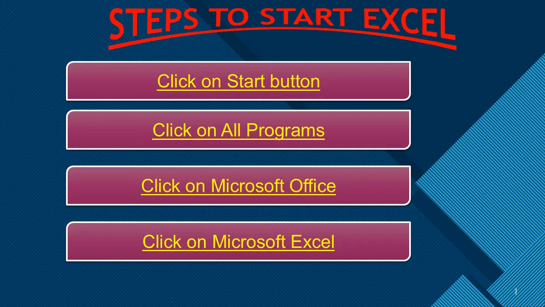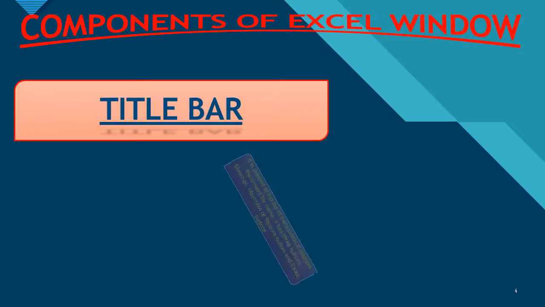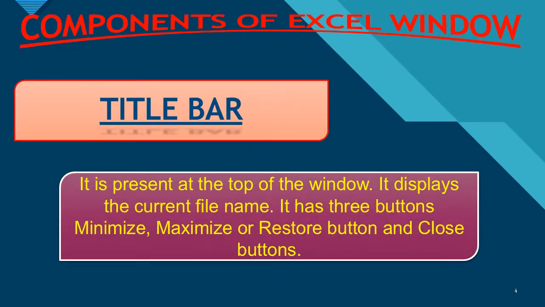Now, there are different components of the Excel window. Let's learn all those components one by one. First component of Excel window is title bar. Title bar is present at the top of the Excel window, which displays the current file name.